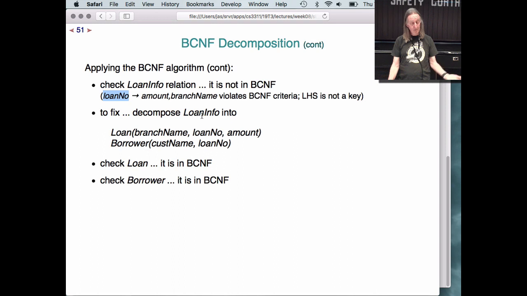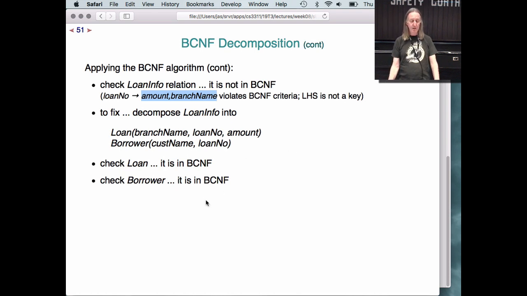All right. So once again, how do we fix this? We decompose and we create a table based on that functional dependency, which is that one there. And we create another table which comes from the original loan info table, but has those attributes removed, so that's what we end up with.